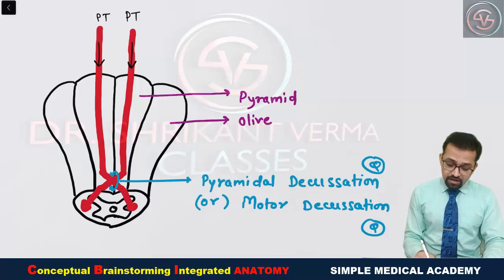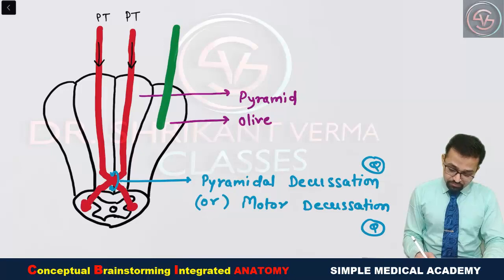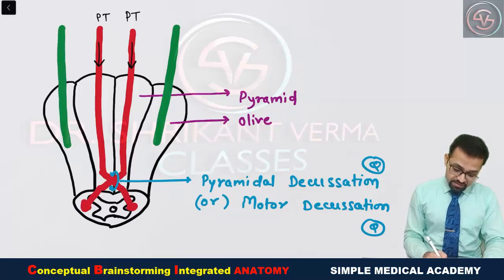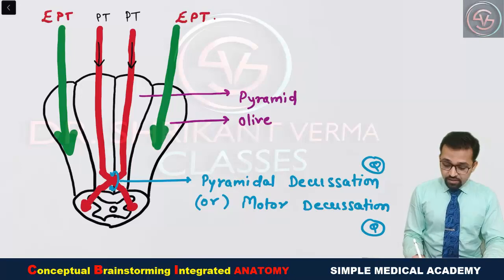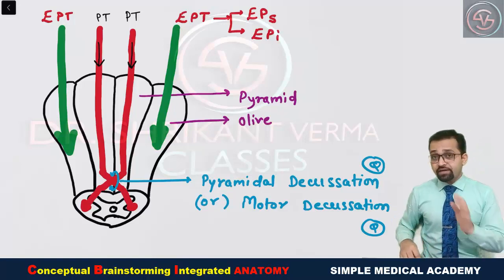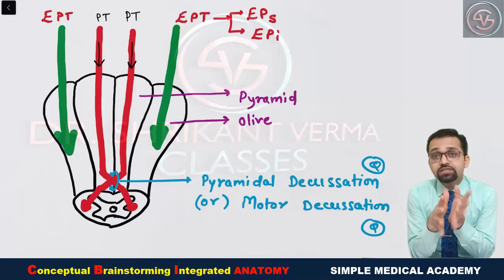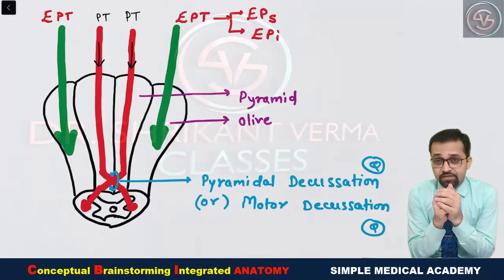Now see, there are other tracts also which pass outside the pyramid. These tracts which pass outside the pyramid are known as extra pyramidal tracts. Again, the extra pyramidal tract is of two types: extra pyramidal tract stimulatory, and extra pyramidal tract inhibitory. You will study the function of the extra pyramidal tract better in physiology; it is there to support the pyramidal tract.